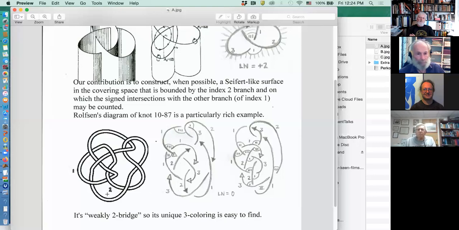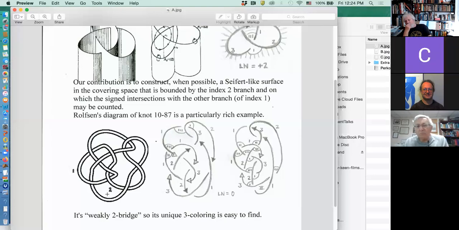So if I start with any diagram with one of these nicely laid out surfaces that bounds the index 2 branch, I can manipulate right and left and generate a whole bunch of other diagrams with similar surfaces and predictable changes in all the linking numbers.